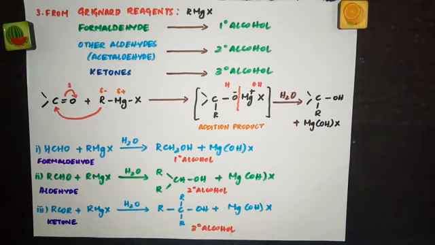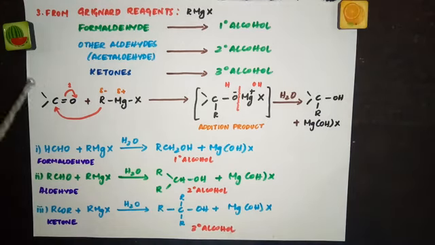Now let's see one by one. In this carbonyl part, if both are hydrogens, if you put H here, then this is formaldehyde. So if you take formaldehyde, what you will get? C, see you have an alkyl group R, C, you have two hydrogens here, CH2OH. So RCH2OH, that is nothing but primary alcohol.